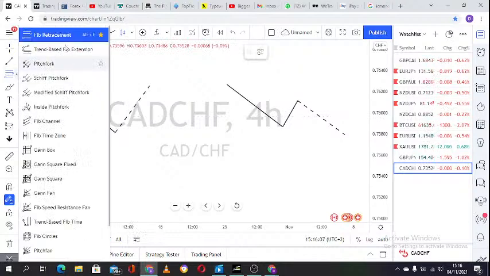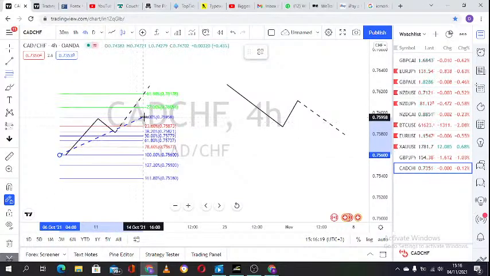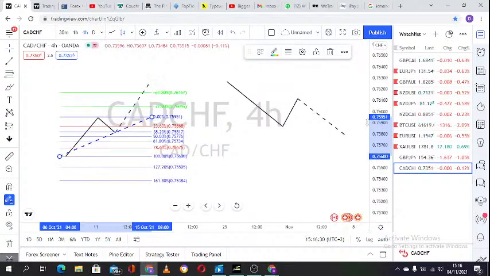So what I do, I pick my Fibonacci retracement tool. There are two Fibonaccis I use, the fib extension and the fib retracement. I'm plotting it to understand if this is a strong trend or not. I already know the direction.